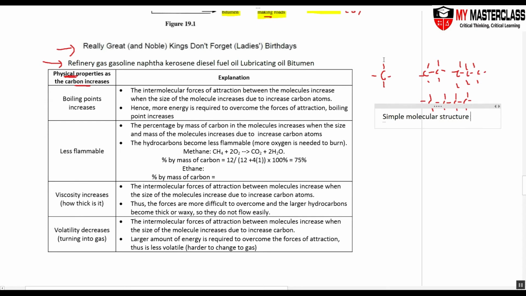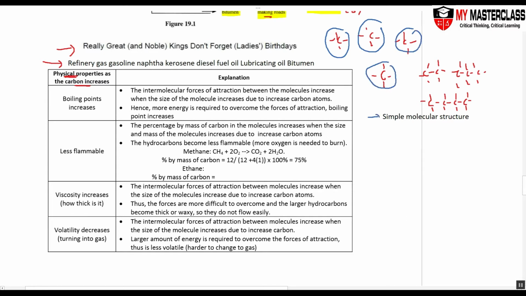Remember covalent bonding, your carbon and hydrogen, they exist as individual molecules, but it cannot be one molecule that makes up the methane, CH4, that you see. So there is actually a lot of CH4. Many molecules of CH4, then we say this is your methane. This is one molecule, another molecule, another molecule, another molecule. Simple molecular structure.